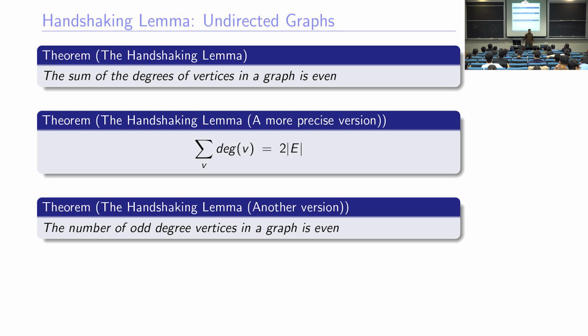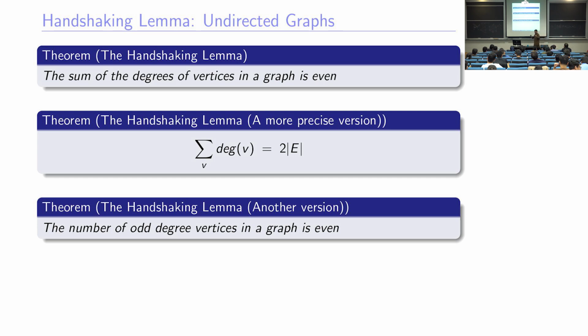That must be an even number. An even number of vertices can have odd degrees. That's because in total they have to add up to an even number. If an odd number of vertices had odd degrees, odd times odd will be an odd number, and odd plus even will never give me an even number. So an even number of vertices must have an odd degree.